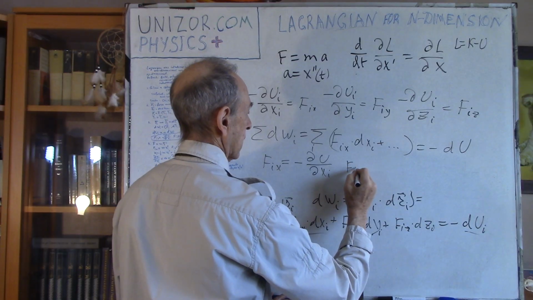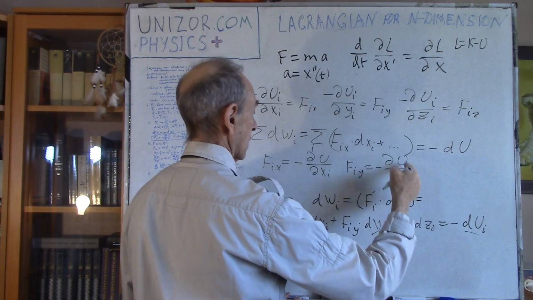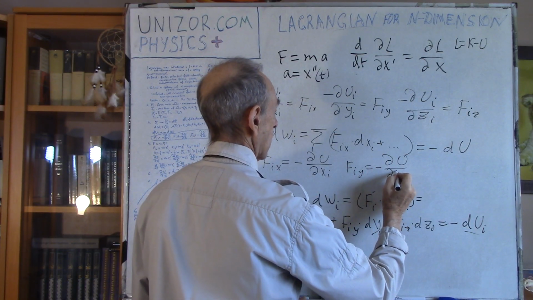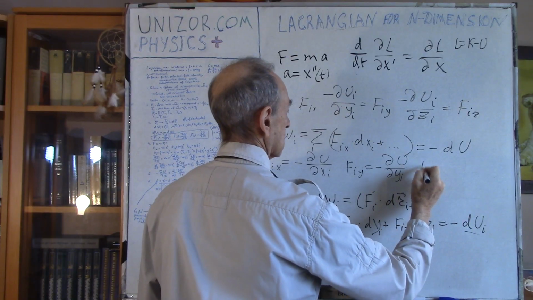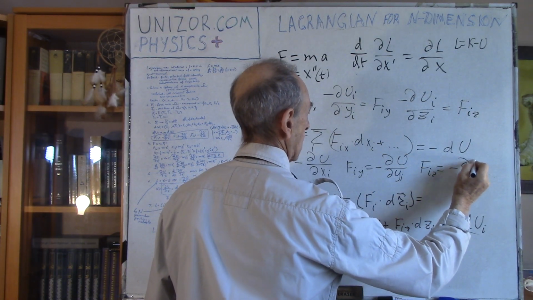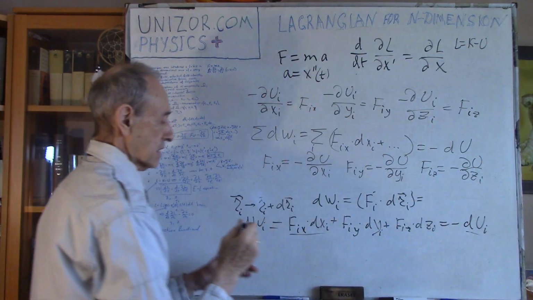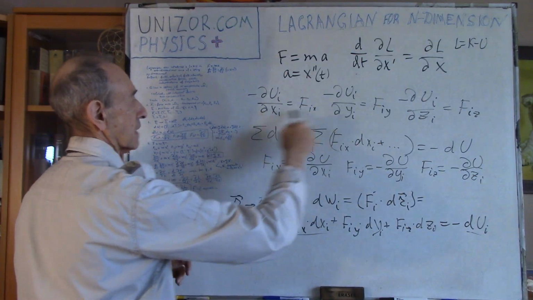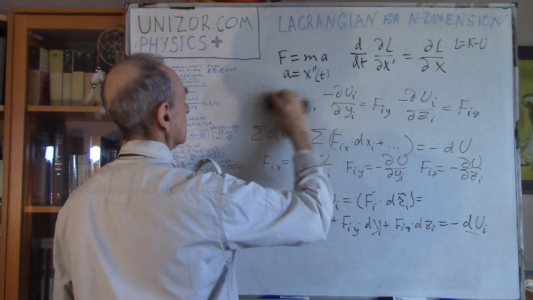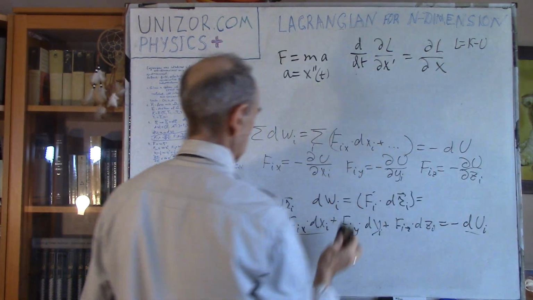And fiy is equal to minus partial differentiation of the entire potential energy by dyi, and correspondingly z is exactly the same. So I'm using exactly the same equations like these, but I'm not using ui, I'm using the entire potential energy, not the potential energy of one particular object.